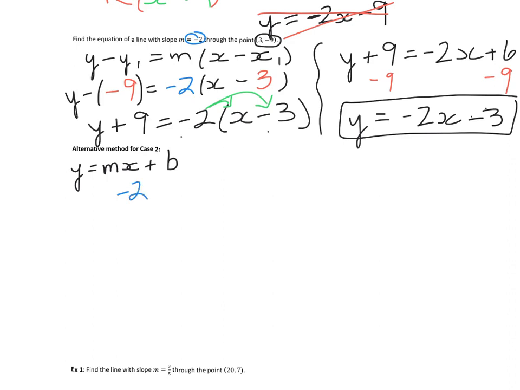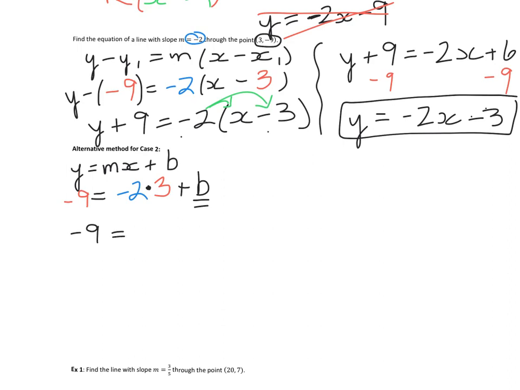And 3, -9. So y was -9. And x was 3. Remember, mx means m times x, so -2 times 3. All right, so I just substituted in our point, x, y, and our slope. And now we can actually solve for b. B is the unknown.